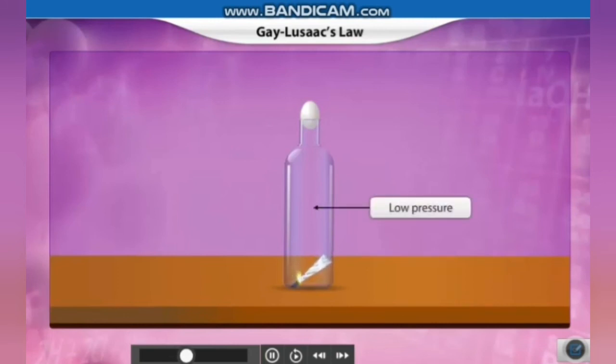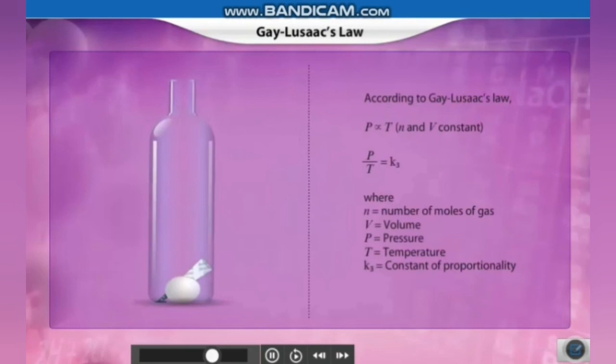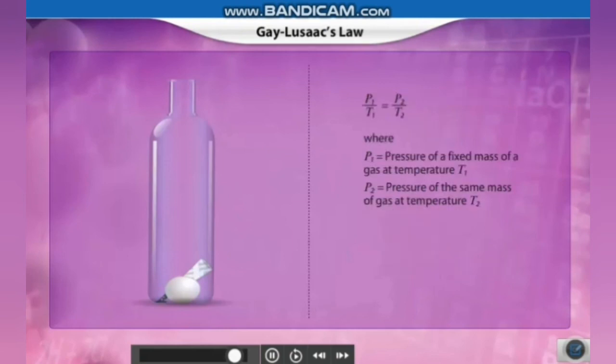After some time, at low pressure, the fire goes off and the egg moves inside. So the high pressure created inside because of the temperature pushes the egg inside the glass jar. Here, pressure is directly proportional to temperature, which means as pressure increases, temperature also increases. Therefore, P by T equals a constant, P1 by T1 equals P2 by T2.